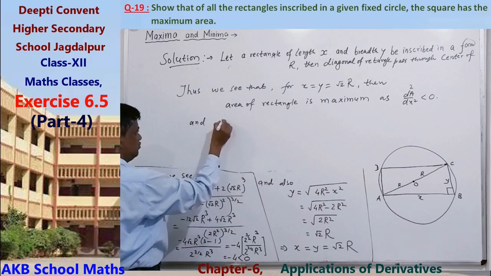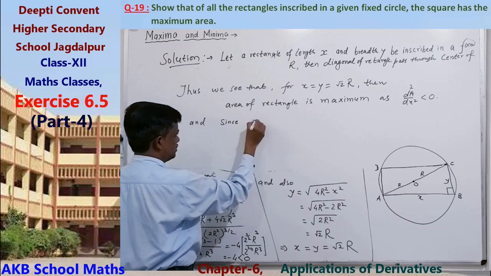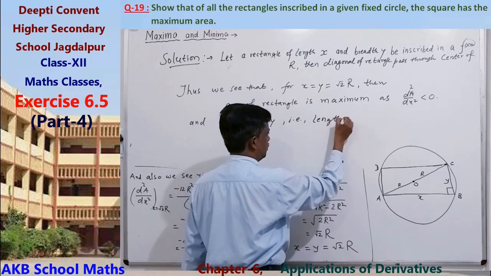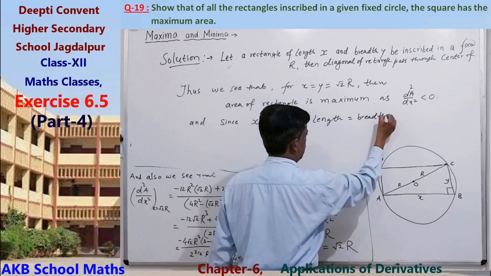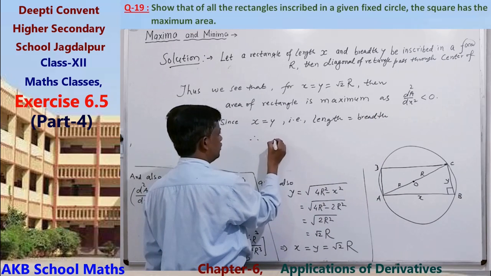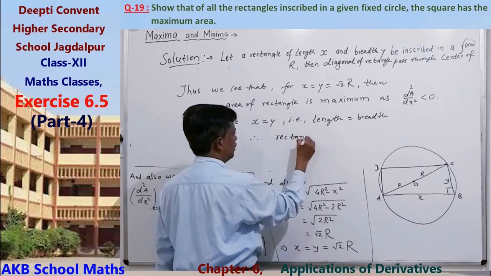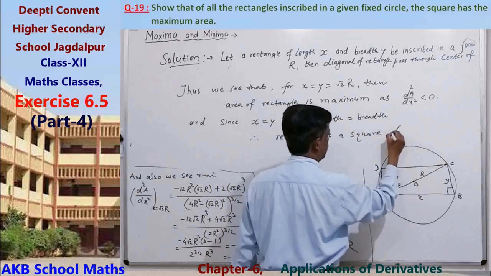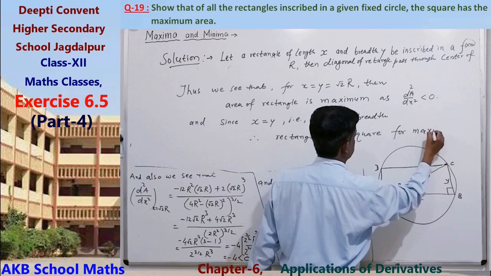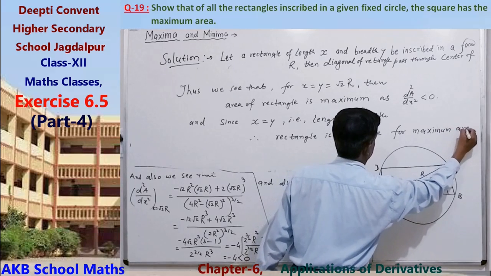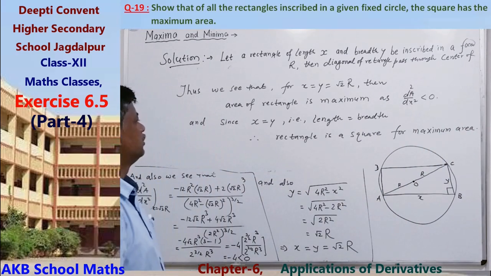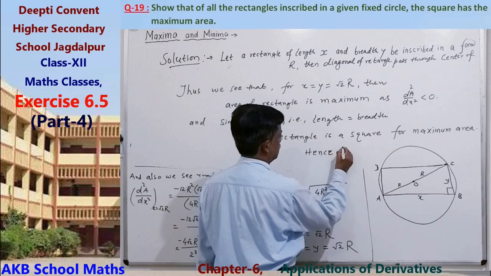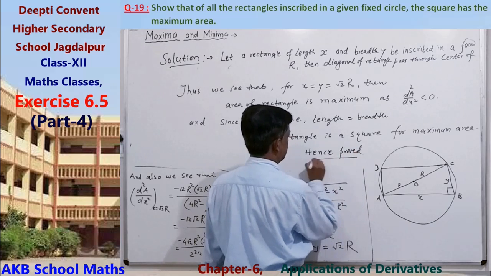And since x equal y, that is length equal breadth, therefore rectangle is a square for maximum area. Hence proved. Okay.